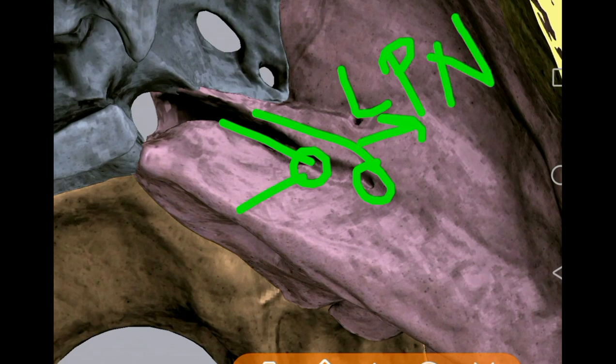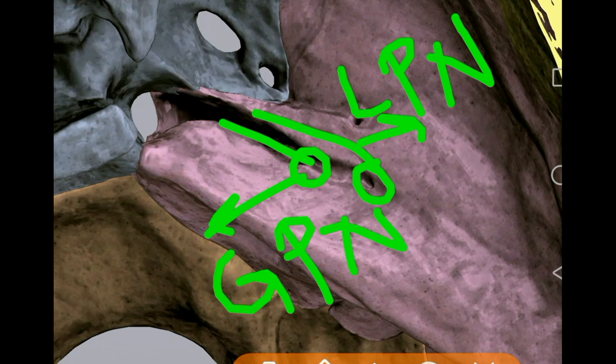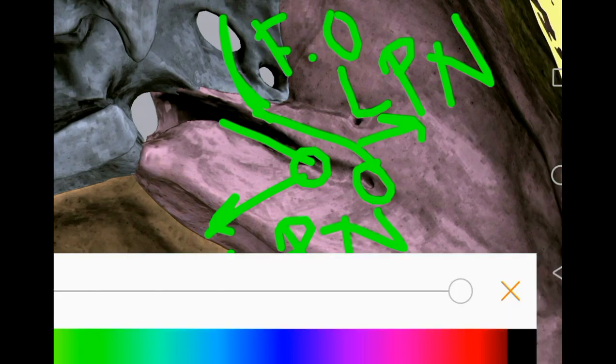The greater petrosal nerve is a branch of the facial nerve. It joins with the sympathetic plexus covering the internal carotid artery. It forms the nerve of the pterygoid canal, or Vidian nerve, what we can say. You can see the lesser petrosal nerve here coming from the foramen in the tegmen tympani, the lesser petrosal foramen, a branch of the glossopharyngeal.